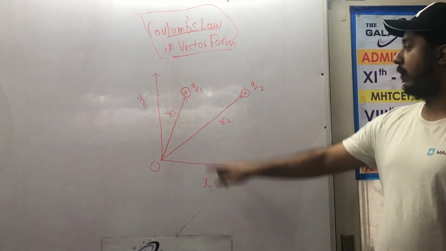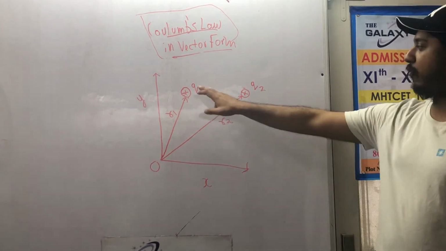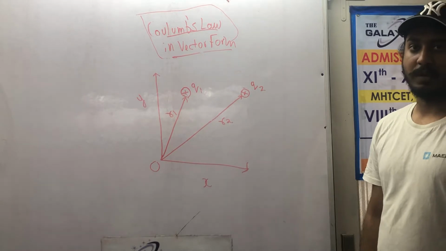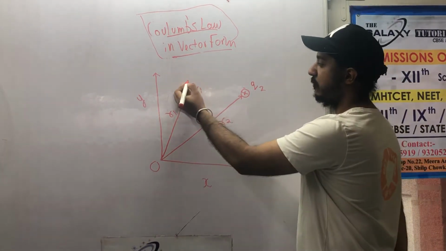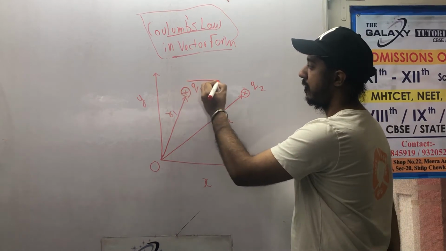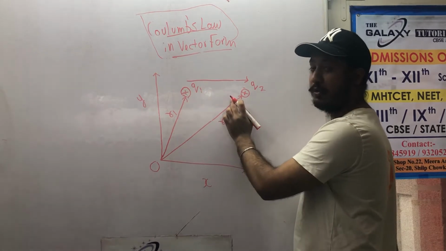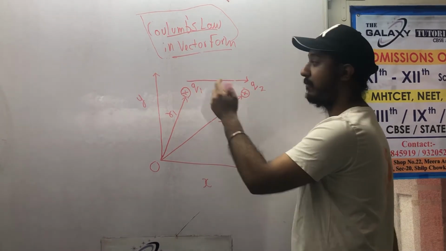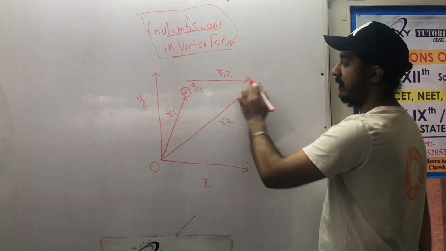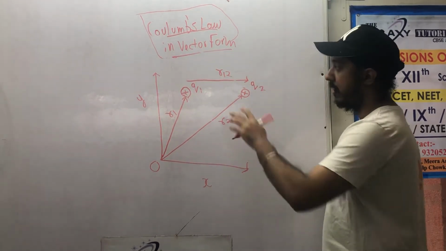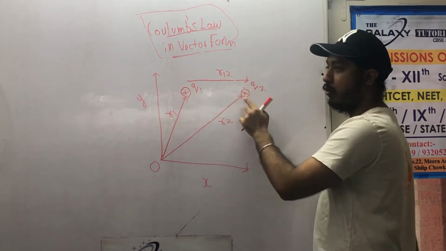Now we will look at the distance between q1 and q2. When we go from q1 to q2, I will call this displacement r12. This is a very important concept in this derivation. Why I am making the displacement vector this way, I will tell you later. When you go from q1 to q2, the displacement is r12, 1 to 2.